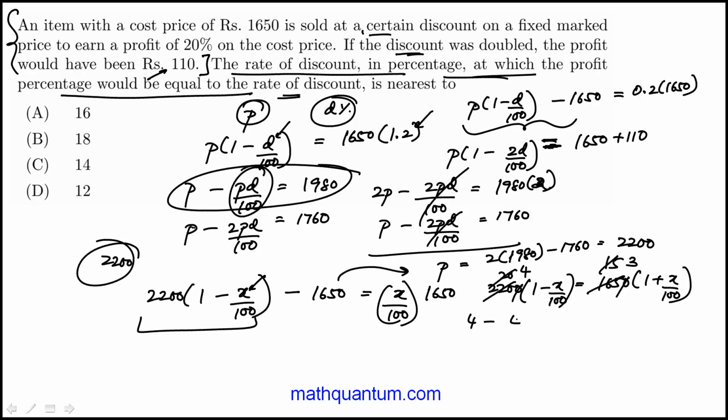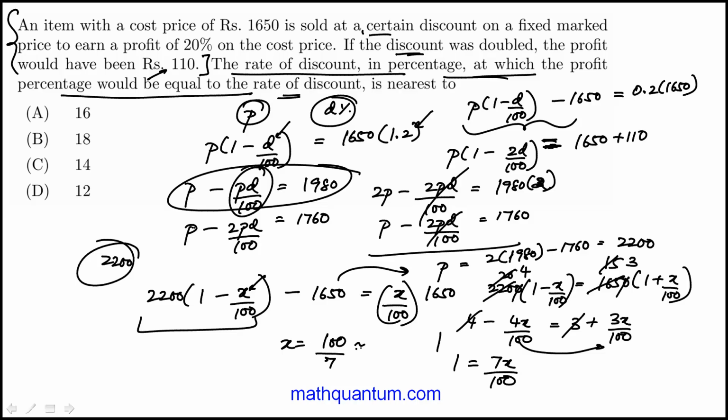So this becomes 4 minus 4x over 100, 3 plus 3x over 100. Then I subtract that, move this over. I get 7x over 100, which means x is 100 over 7, which would be around 14, because 14 times 7 is 98. So the answer is C.